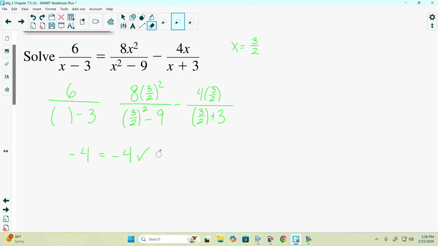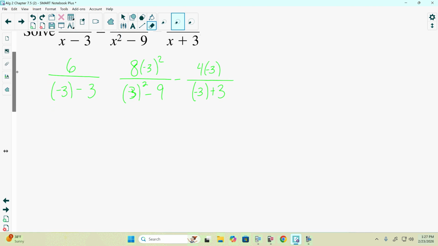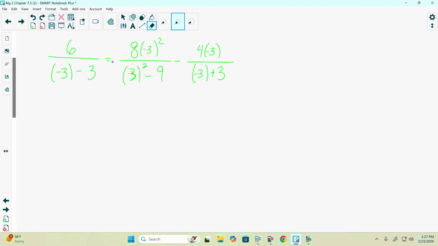Now, if we tried our other value of negative 3, it's not going to work. We're not going to get a value, at least not for all of it. Because if we look at the left-hand side of the equation, 6 over negative 3 minus 3, well, negative 3 minus 3 is negative 6. 6 divided by negative 6 is 1.